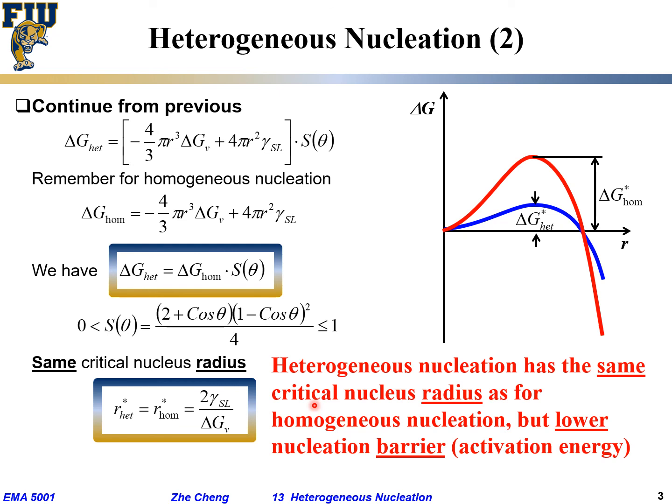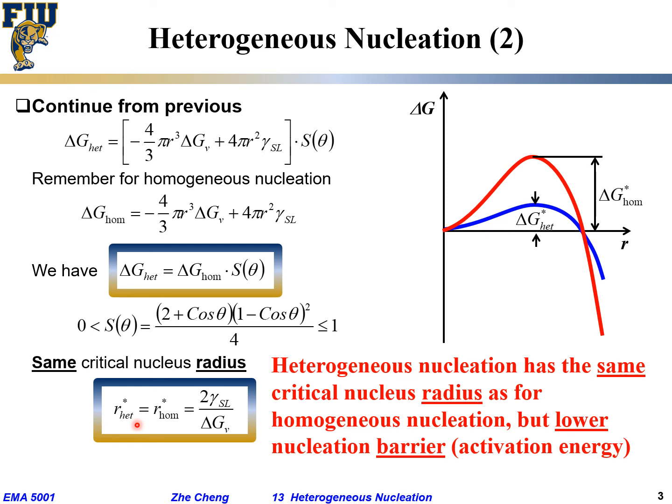Okay, this is what we have, heterogeneous versus homogeneous. For the same liquid, metal, ice or whatever, whether it happens homogeneously, which means anywhere within the liquid, or heterogeneously, at a specific wall, they would have the same critical radius. We are assuming they're part of a sphere, so it's the radius of curvature.